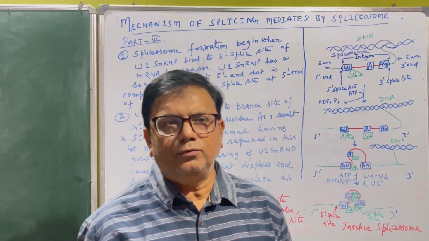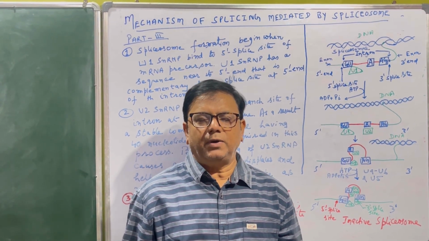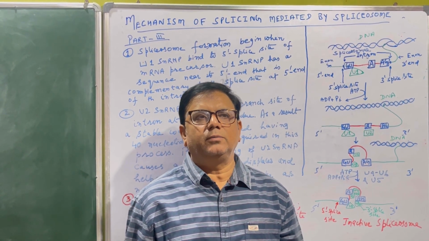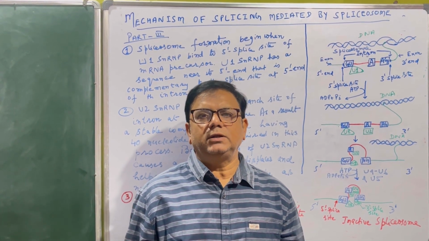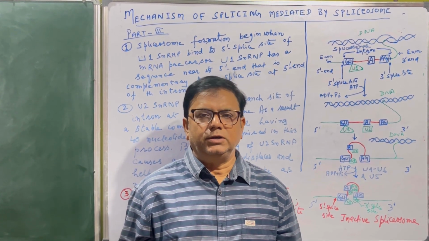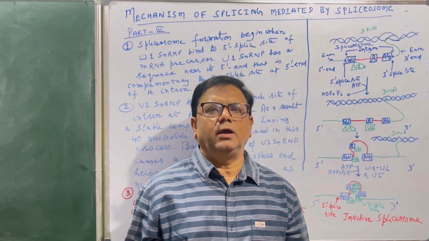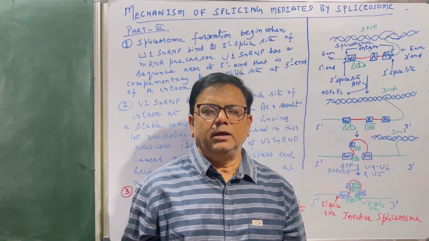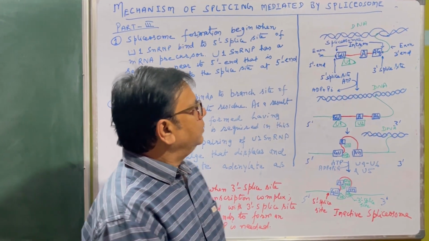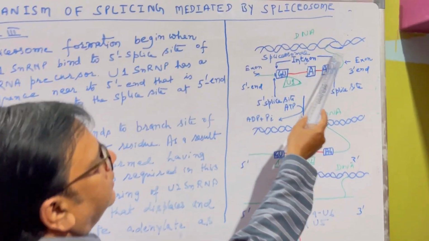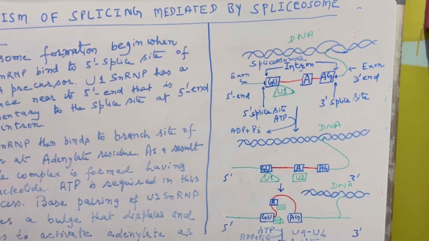So what happens in spliceosome formation? The first step, obviously, when you say transcription, you are saying that mRNA is being synthesized from DNA. So when this mRNA containing a spliceosomal intron is synthesized, you can see here a graphic representation.